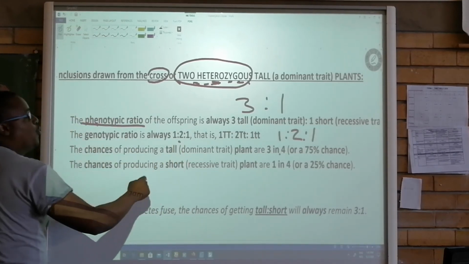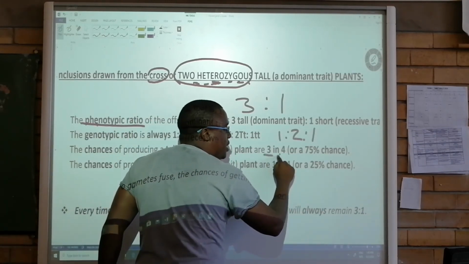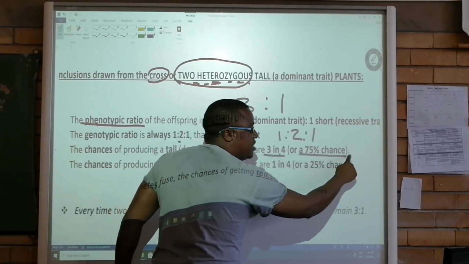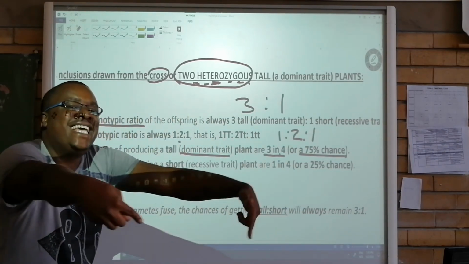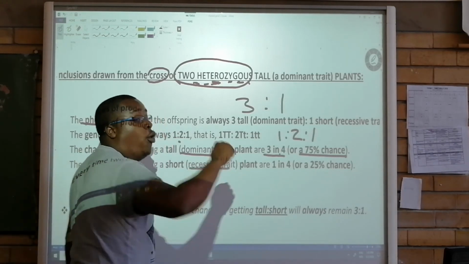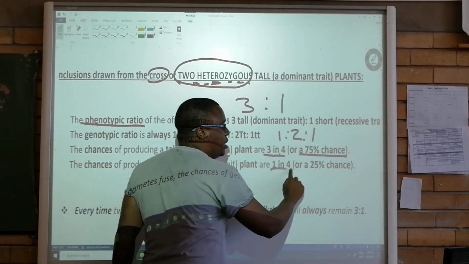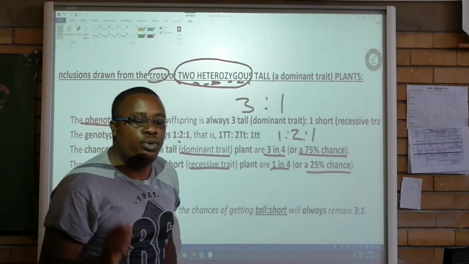And the chances of producing the dominant trait are always 3 in 4, a 75% chance. And the chances of producing the recessive trait are always 1 in 4, or 25%. Are we together? I hope you got that.